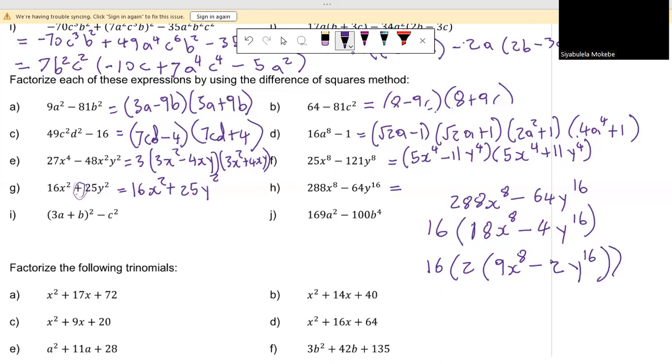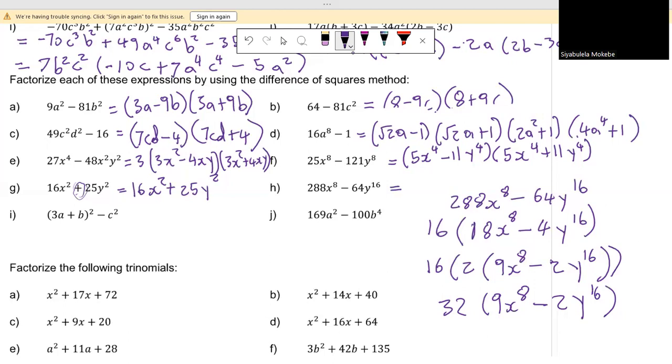So that's 32 times 9x to the 8 minus 2y to the 16. Okay, so this is what we have.